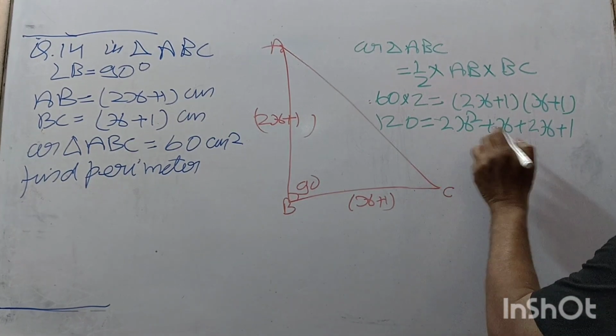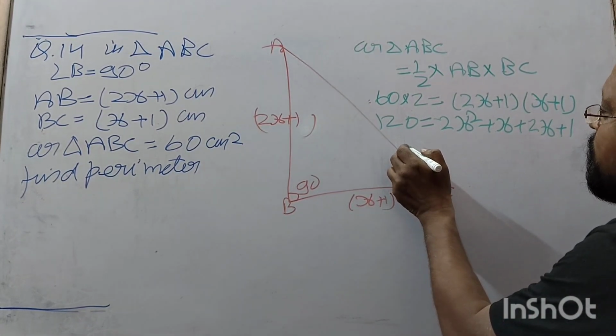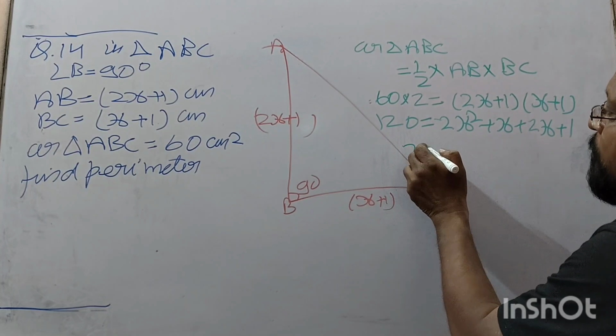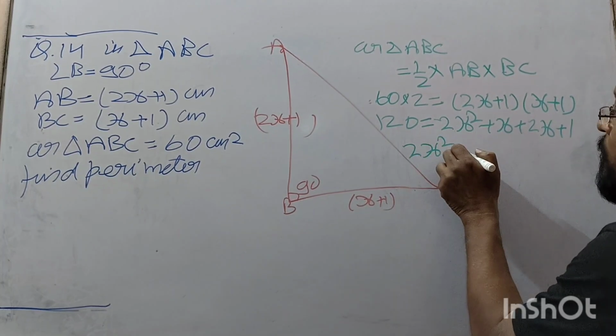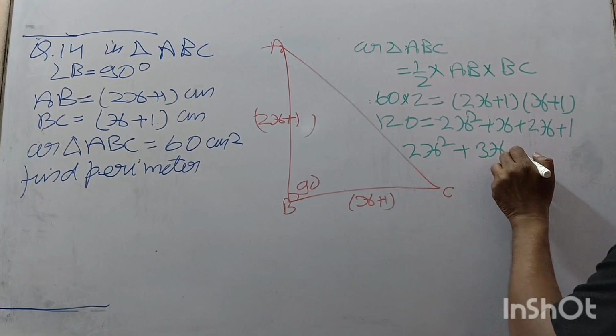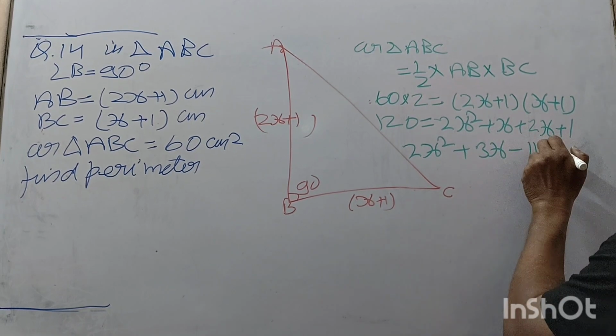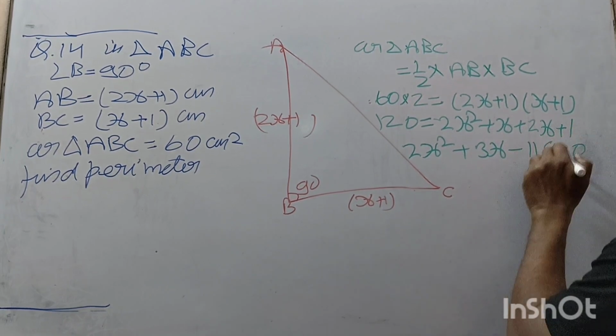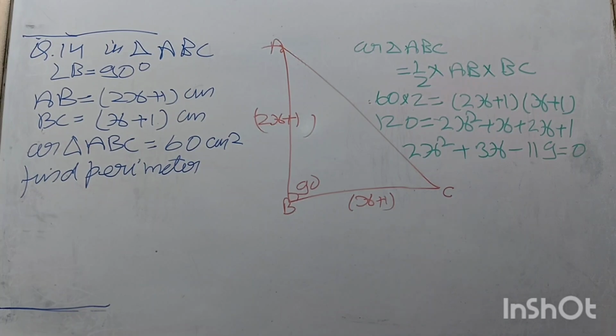So this is 2x square plus 3x minus 119 is equal to 0.